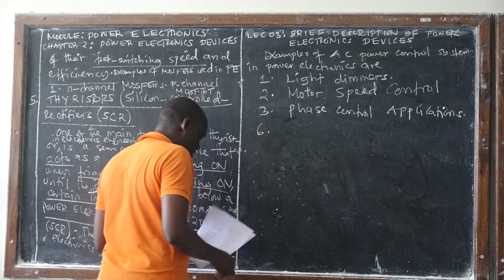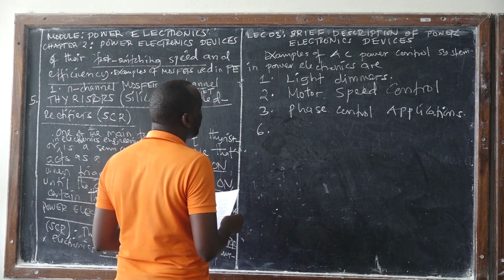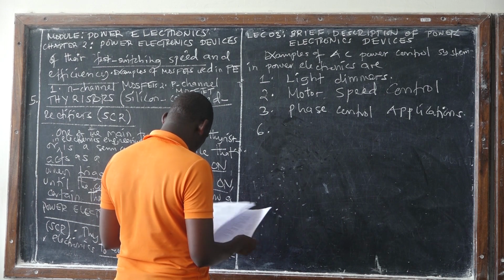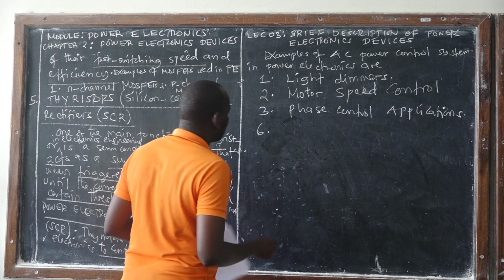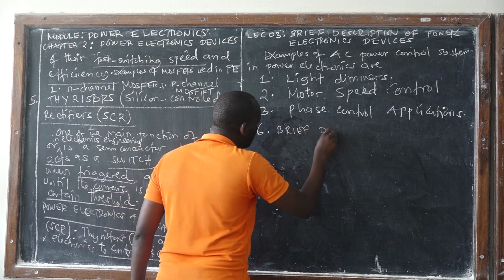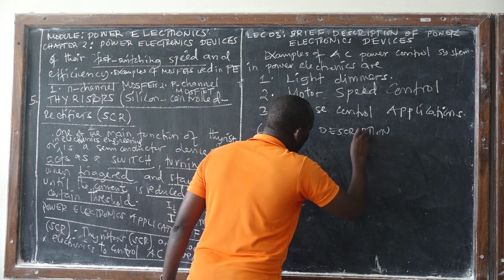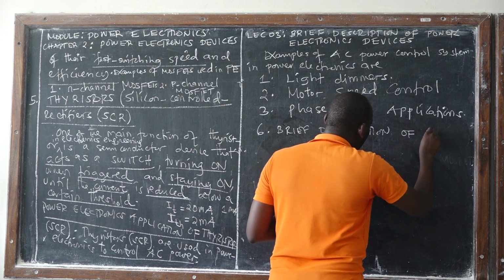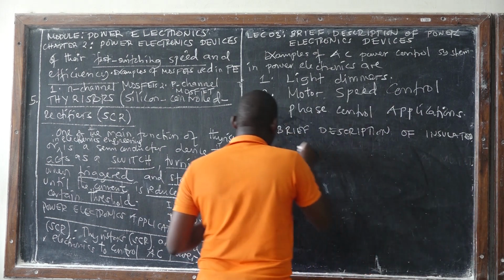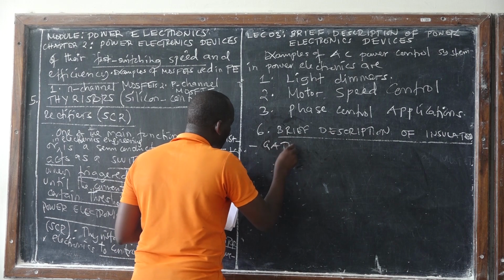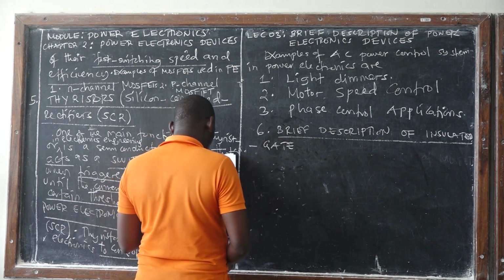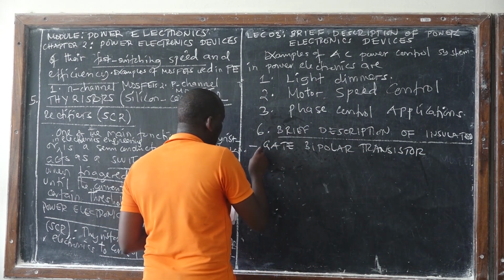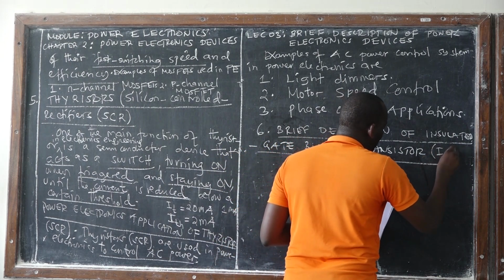Number 6. The 6th example: a brief description of the insulated gate bipolar transistor, in short we call it IGBT.